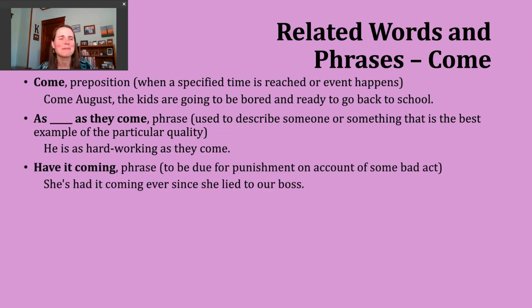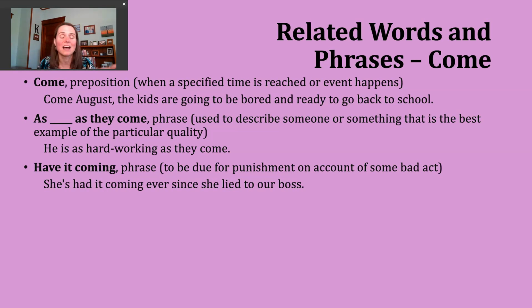Another phrase you might encounter is to have it coming. When this gets used, people generally are saying that someone is due for some punishment because they've acted badly. They've done something that's wrong, and so it's just going to happen.